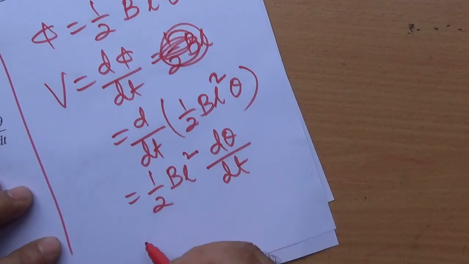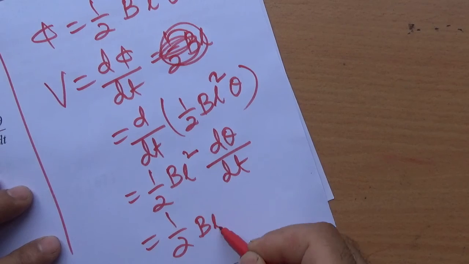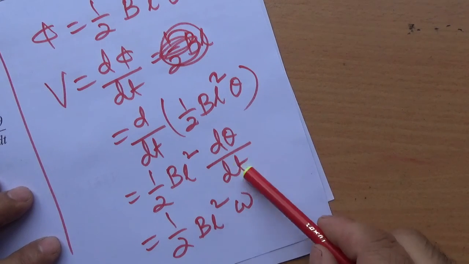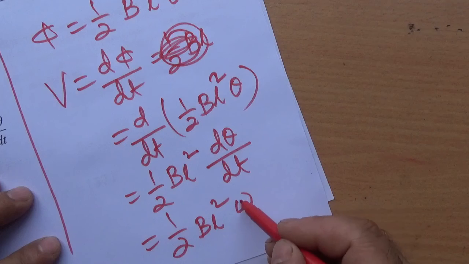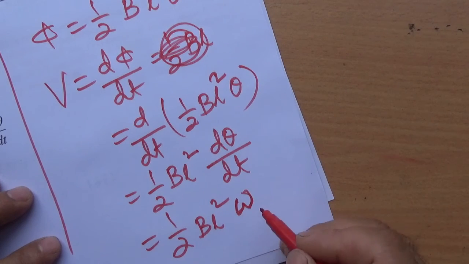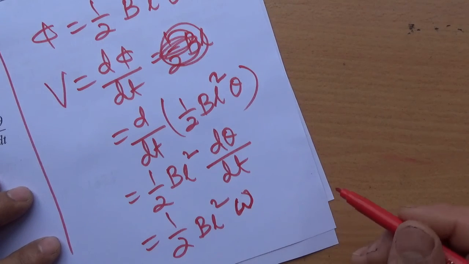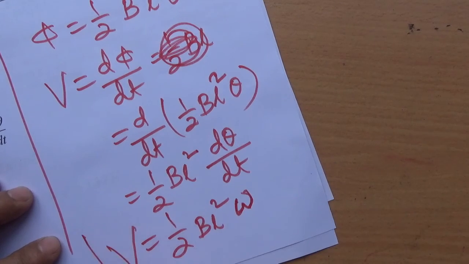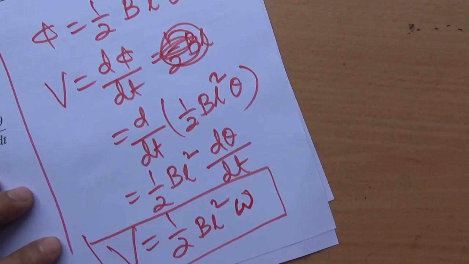The rate of change of angle is called angular velocity, which is represented by omega. So this is the EMF induced in the rotating rod.